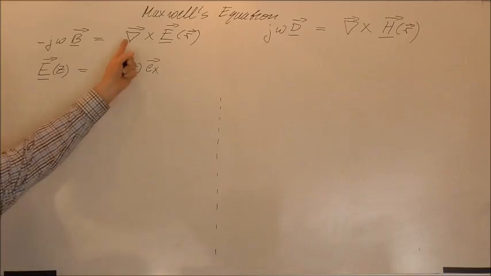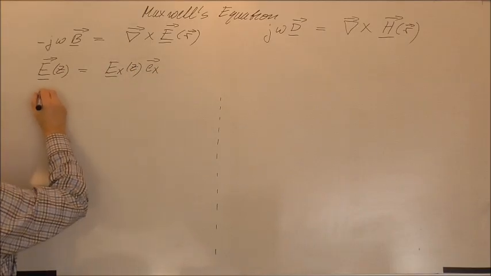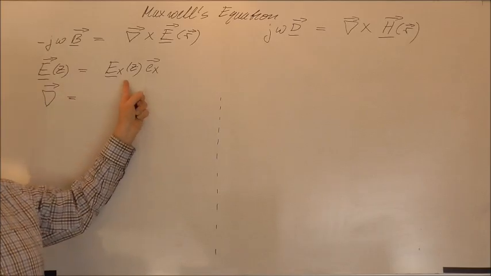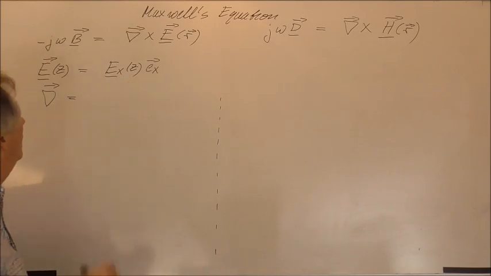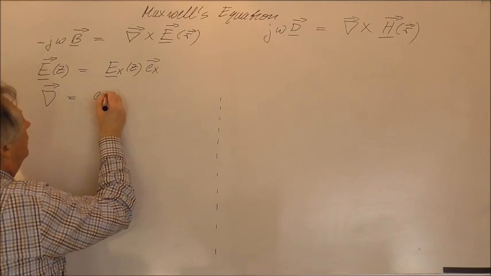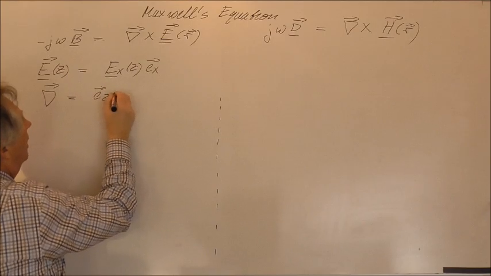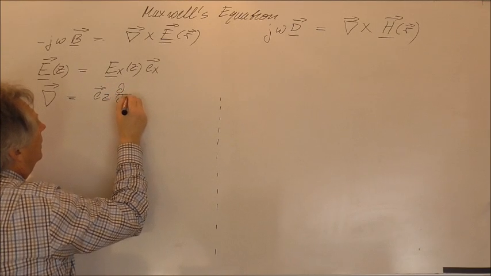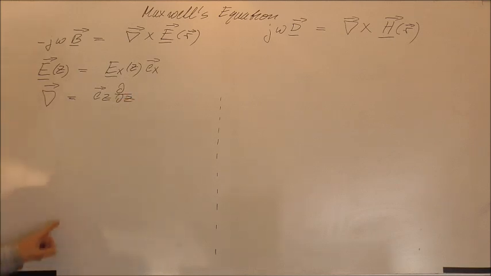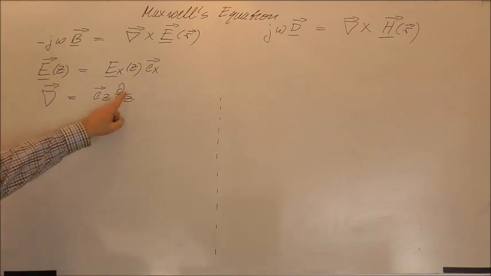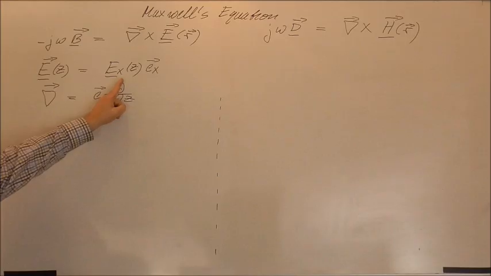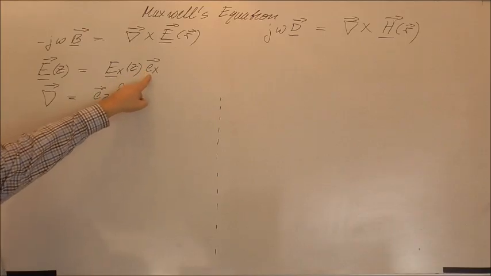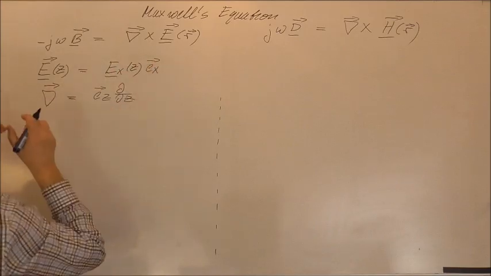In this case, the del operator will reduce to, since the function only depends on the z coordinate, Ez times the derivation with respect to z. You see now the derivation will work onto the function, and the unit vector will work onto the cross product.